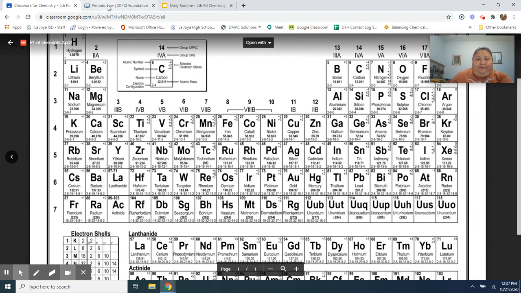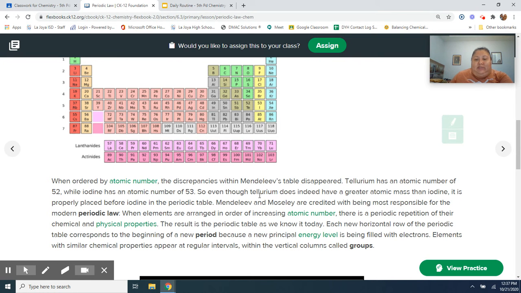Even though tellurium has a bigger atomic mass than iodine, it is properly placed before iodine because of the atomic number. Mendeleev and Moseley are credited as the most responsible for what's known as modern periodic law.